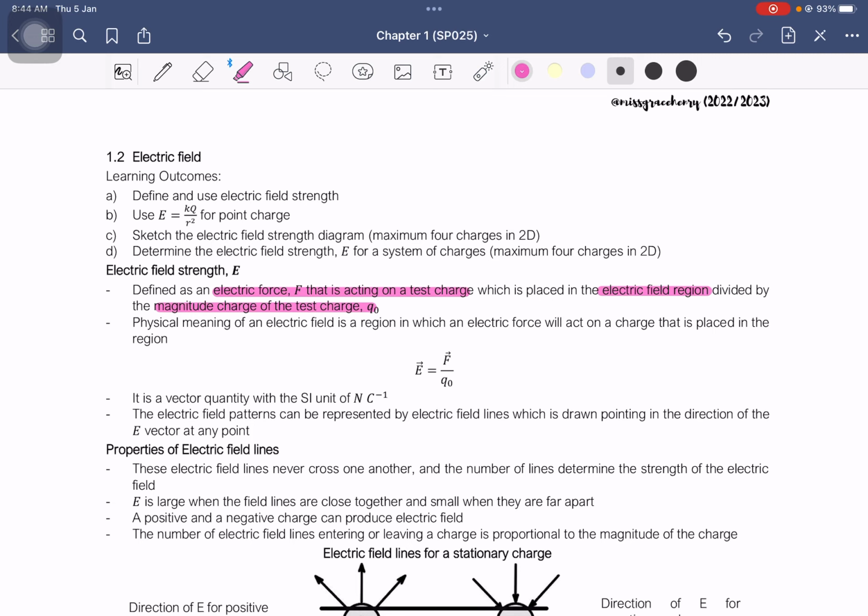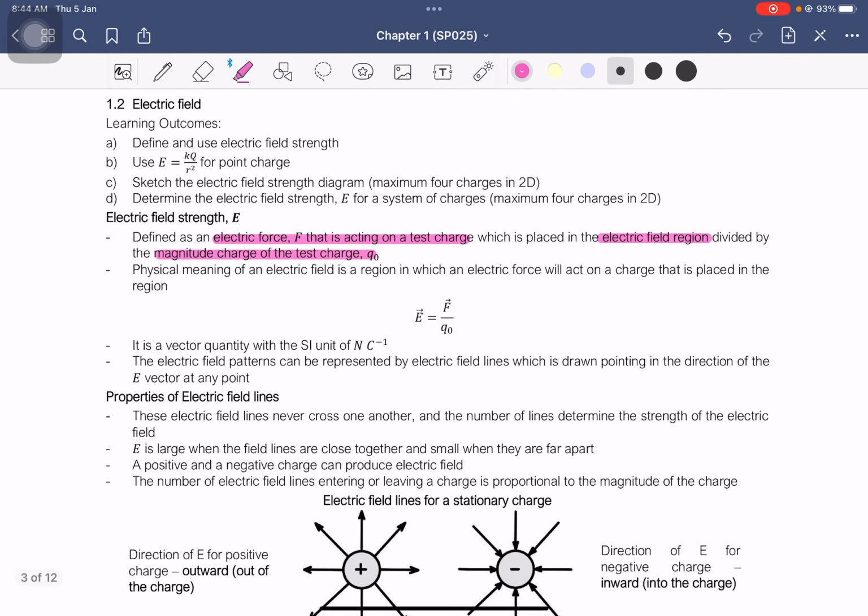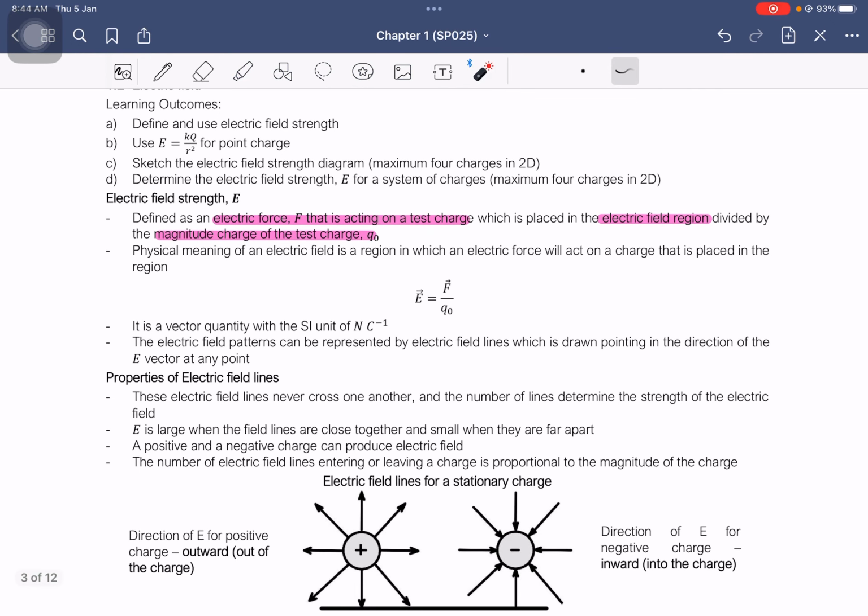So the physical meaning is basically just a region in which an electric force will act on a charge that is placed within the region. Mathematically it can be written as the one shown here. So F is the electrostatic force, Q is the magnitude of the charge. It is a vector quantity with the SI unit of Newton per Coulomb.